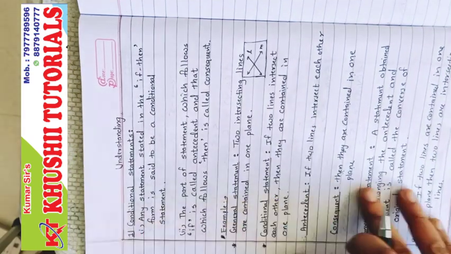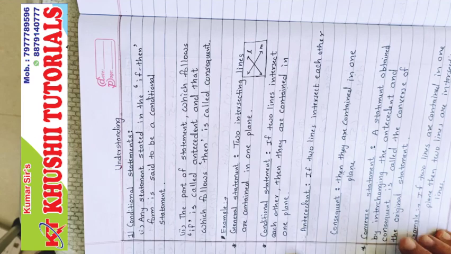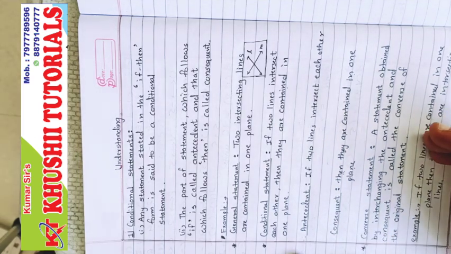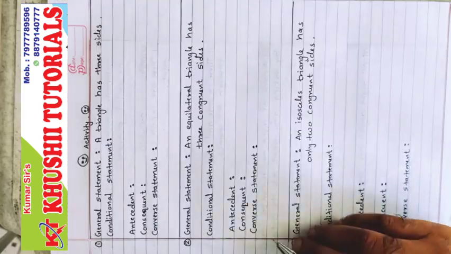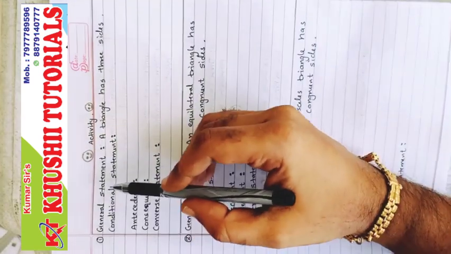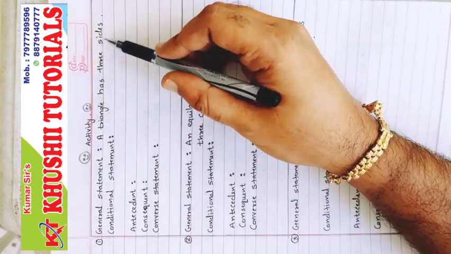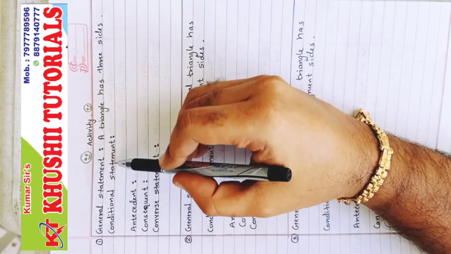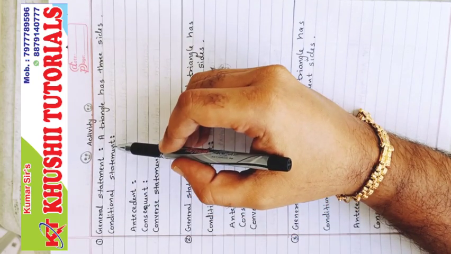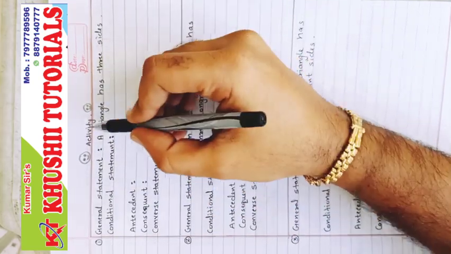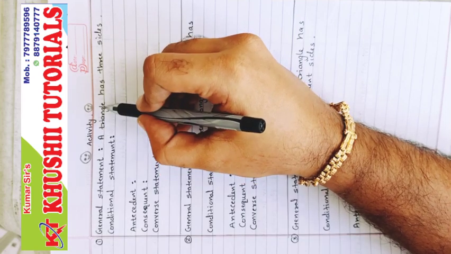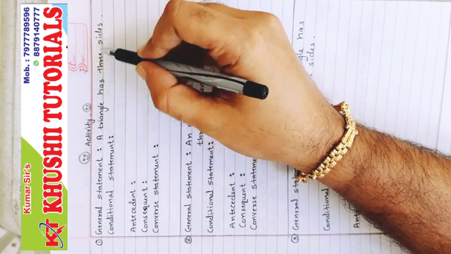Hope you understood. This is the basic. So let's try more examples in the activity. A general statement is, a triangle has three sides. So what will be the conditional statement? In a conditional statement we have to use if and then. So, if a figure is a triangle, then it has three sides.